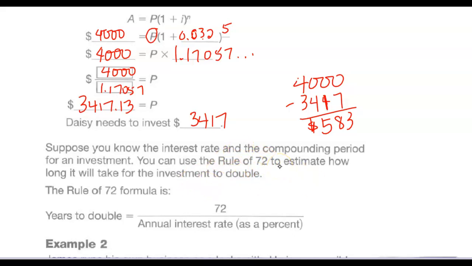Here, years to double. So if you had 1,000 and you wanted to know how long it would take to become $2,000, you take the value 72 and you divide by the annual interest rate as a percent.